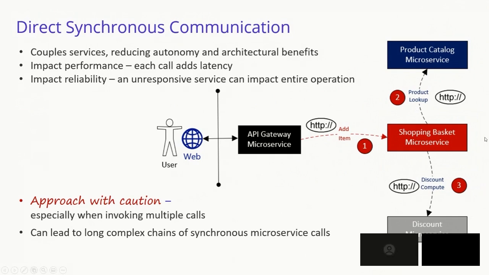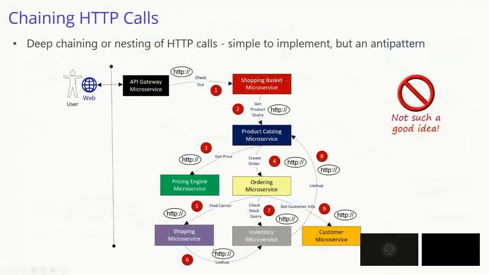Here's a real problem with this though. This particular pattern can lead to long, complex chains of synchronous calls. Look at this. What happens when this happens? This is a little contrived, but we see customers doing stuff like this. So here's the user. They want to check out. They check out on the web app. That goes to the gateway.